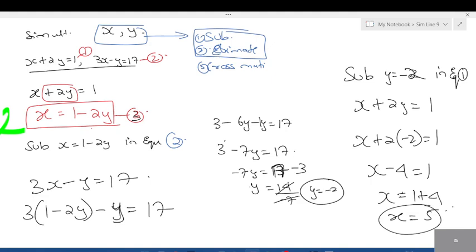Okay, complete it. Don't copy. Once again, don't copy. Just look at the first two steps and do it on your own.